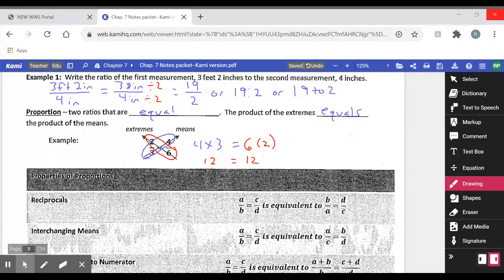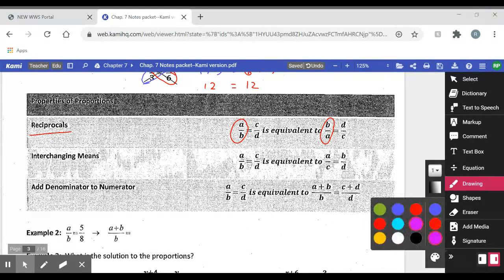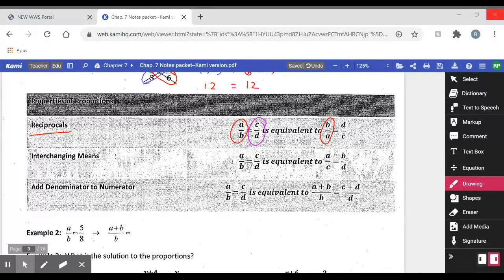All right, the next little bit is some properties of proportion. A reciprocal just means we can flip the top and the bottom part of the fraction, the numerator and denominator. You can see this A over B is flipped to be B over A, and this C over D is flipped to be D over C. If I multiply the diagonals in this case, I get AD is equal to BC.